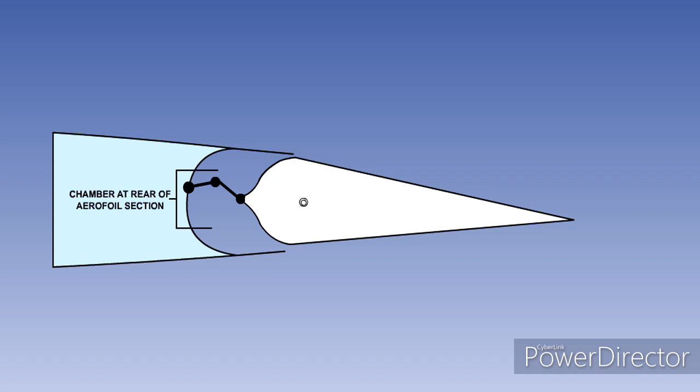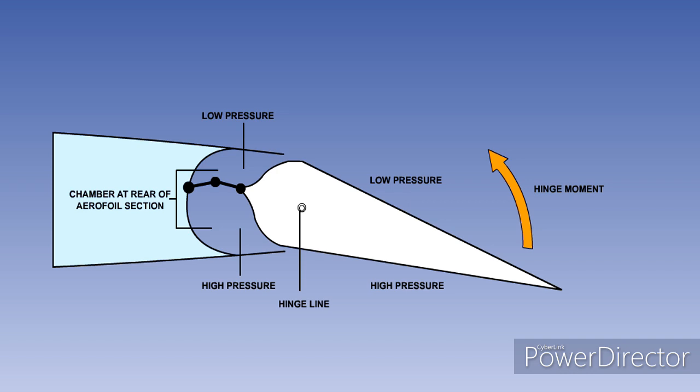The pressure differential inside the chamber will produce a moment in opposition to the hinge moment. In our example, the control surface is moved down. Pressure above the aerofoil is reduced, and pressure below it is increased. The reduced pressure is felt on the upper surface of the balance, and the increased pressure on the lower surface.